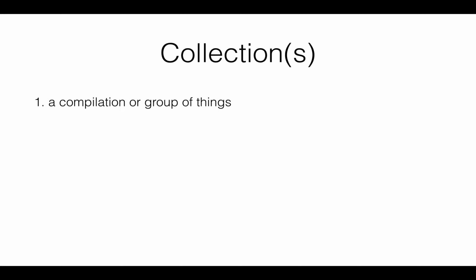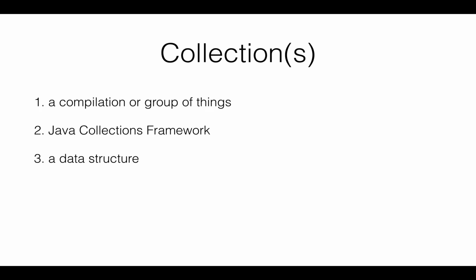The different use cases are: First, a collection without any IT relevance, as a compilation or group of things. Second, the Java Collections framework, a library of different interfaces and classes. Third, a collection as a data structure.